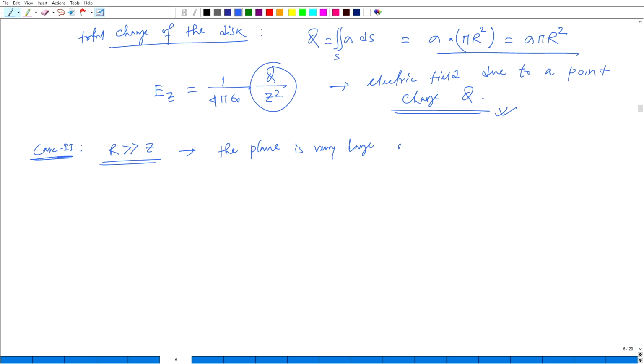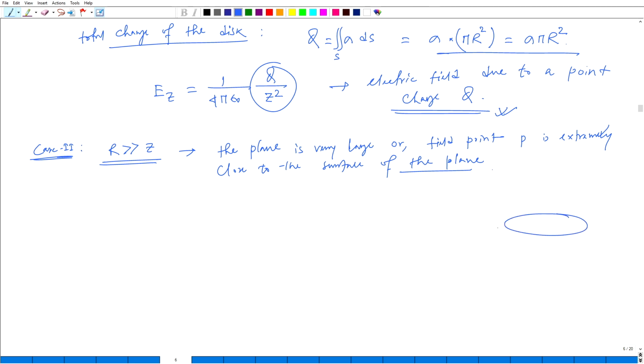and the field point, P, is extremely close to the surface of the plane. So, we consider a disc, the radius is r.